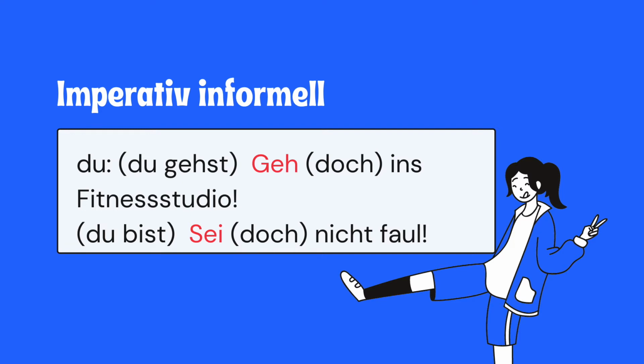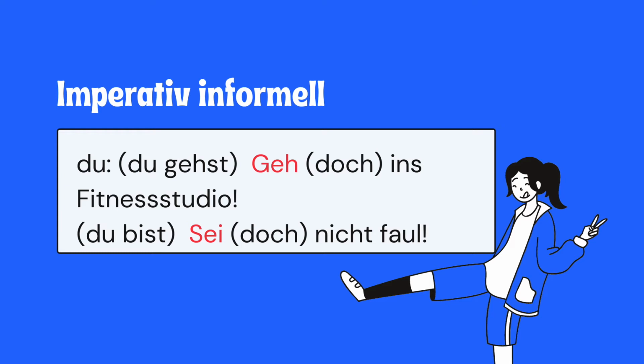In the second sentence, you can see du bist means you are. So if you want to say don't be lazy, you can say sei nicht faul, sei doch nicht faul. The infinitive form of this verb is sein.